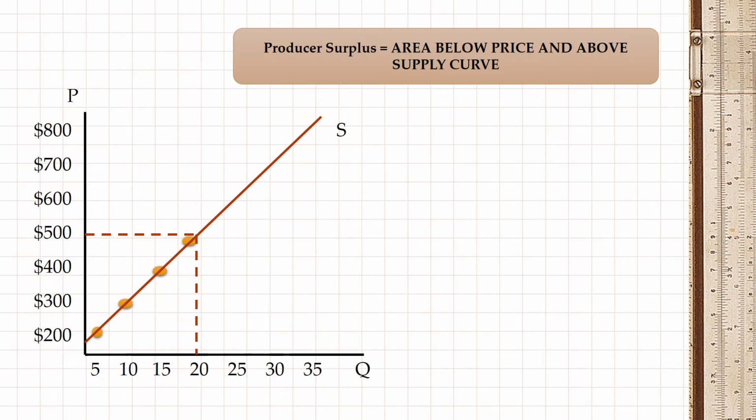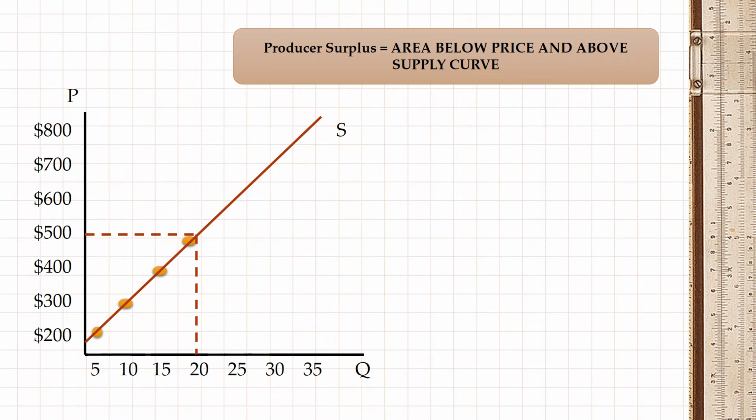Remember, in order to depict it graphically, you always have to draw a supply curve because producers are associated with supply. The supply curve depicts different producers and different prices they will charge. So you notice when the market price is $200, there are only 5 suppliers. Whereas when the market price increases from 200 to 800, there are 35 suppliers of the same good. This is the law of supply.